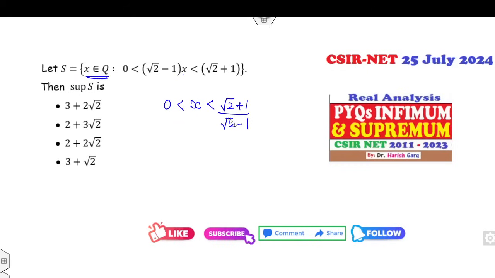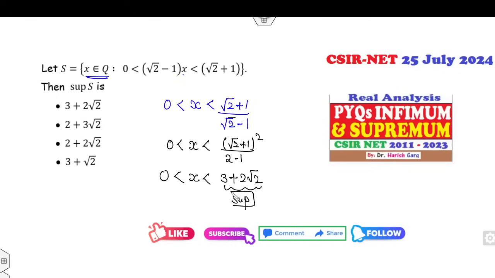And we all know this is a root, and a root can never lie in the denominator. I can rationalize it. 2 minus 1, it is (root 2 plus 1) whole square. That means x is 2 plus 1, that is 3 plus root 2. So what is the supremum of this? This is my supremum. Fine. So the right answer of this problem is A. Look at that. I have written only three words and you can get your answer in the right manner.